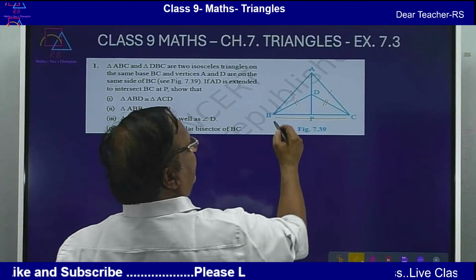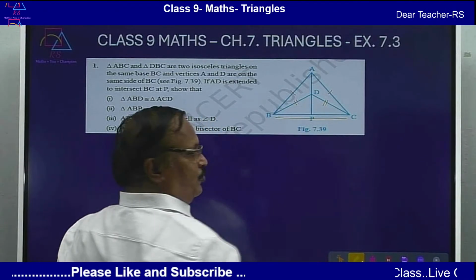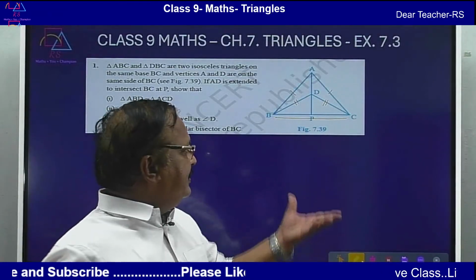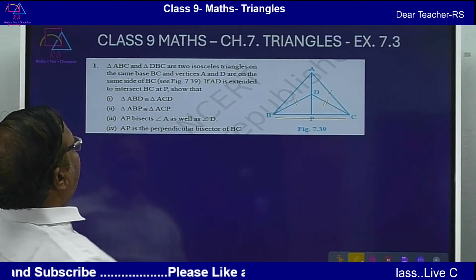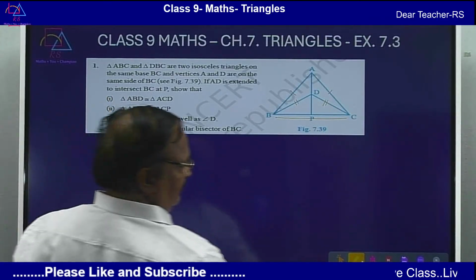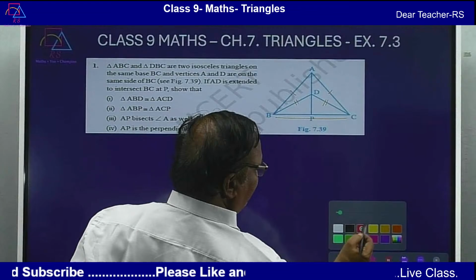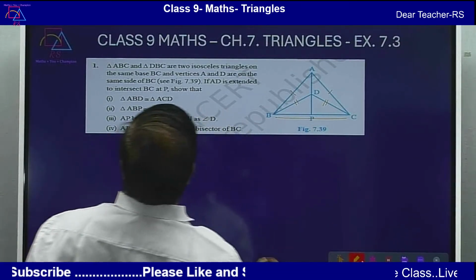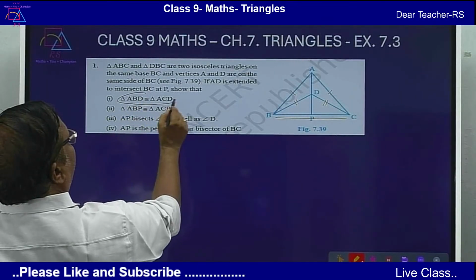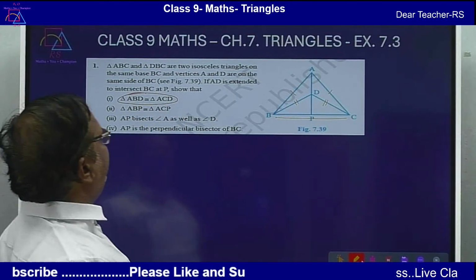That means two isosceles triangles are there on the same base. Okay, show that ABD, let us take red color. Okay, so ABD is congruent to ACD.